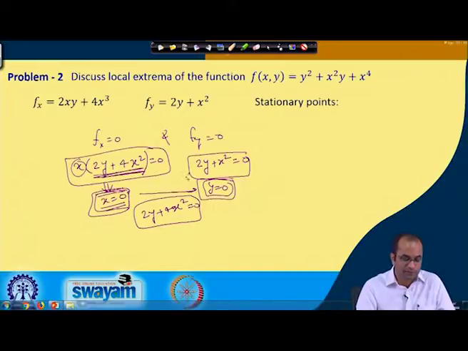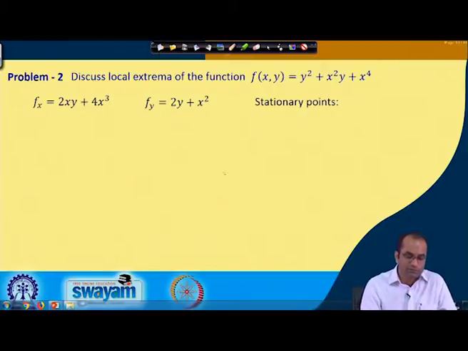Again out of these two equations, 2y plus 4x square equal to 0 and 2y plus x square equal to 0, the only point which satisfies is (0, 0) again. So, we are not getting any other point than (0, 0). So, a stationary point in this case is (0, 0).